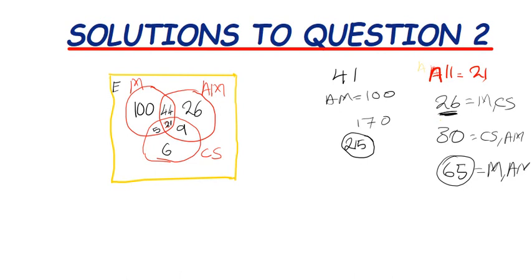So this shows that there were some teachers who were part of the survey but did not take part in any of this teaching. I don't know if it was a competition or what, but they did not teach mathematics, additional mathematics, or computer studies. So you just say 211. When we subtract it from 215, it gives us 4.